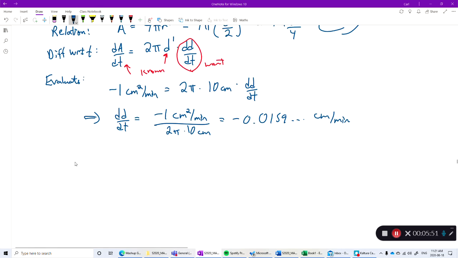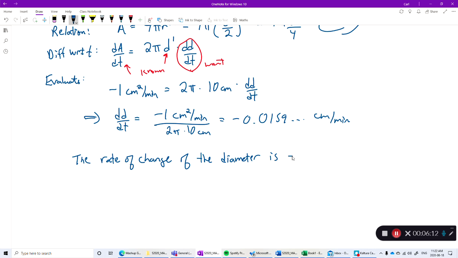So how are we going to state this? We could say it in two ways. The rate of change of the diameter, rate of change is just a longer word for derivative that's a bit closer to regular language. The rate of change of the diameter is negative 0.0159 centimeters per minute.